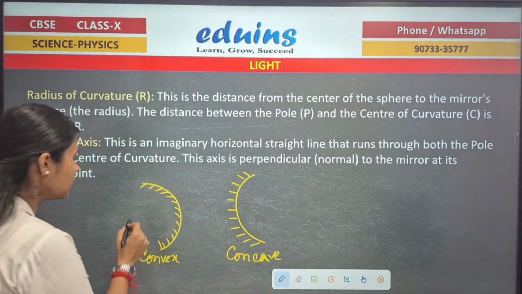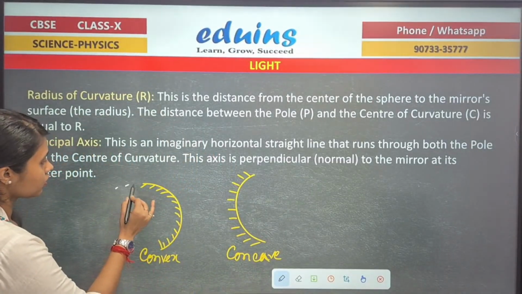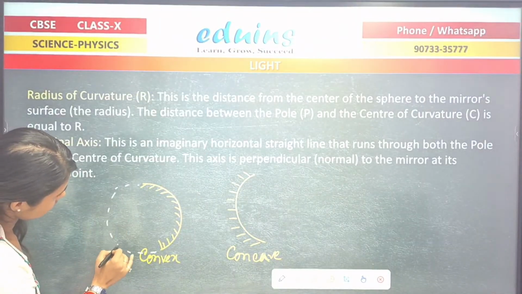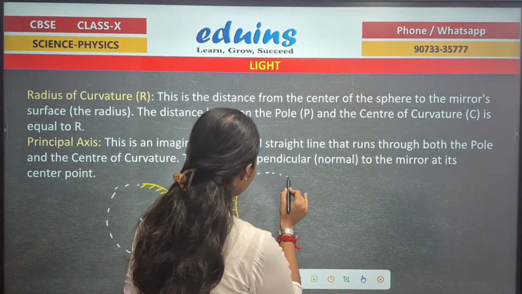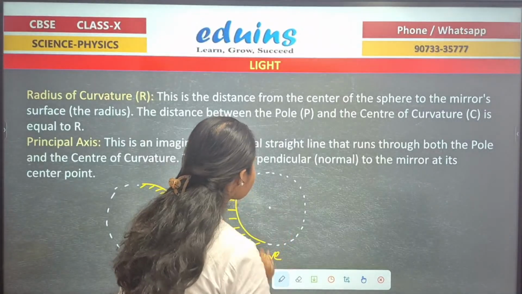Now, the center of curvature. We have to draw the center of curvature. This is the center of curvature. And for this mirror, this is the center of curvature.